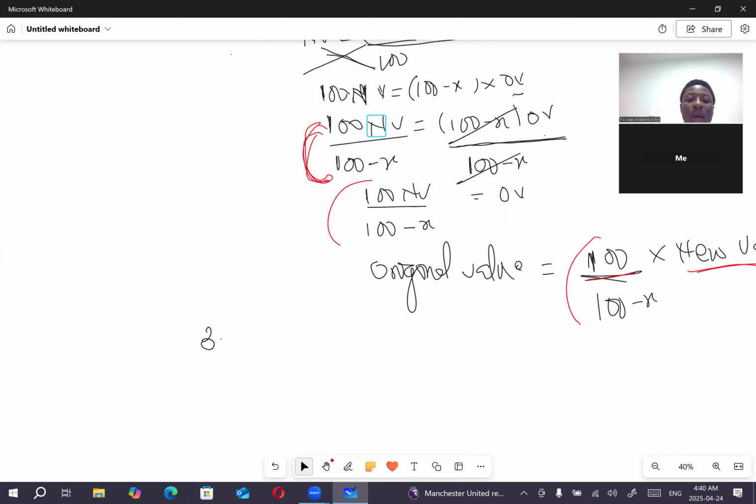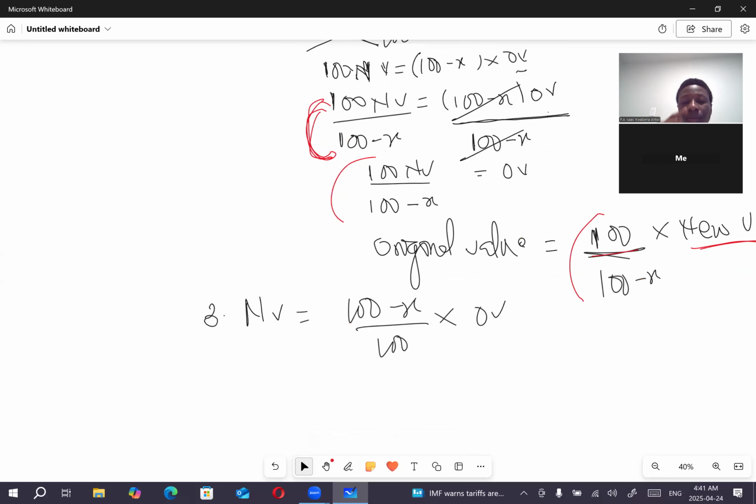So let's use Formula 1, but I would like to rewrite it. Formula 1 says to find a new value, NV is equal to 100 minus X all over 100 times original value.